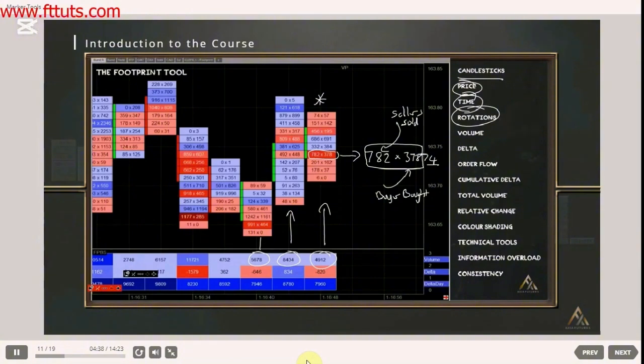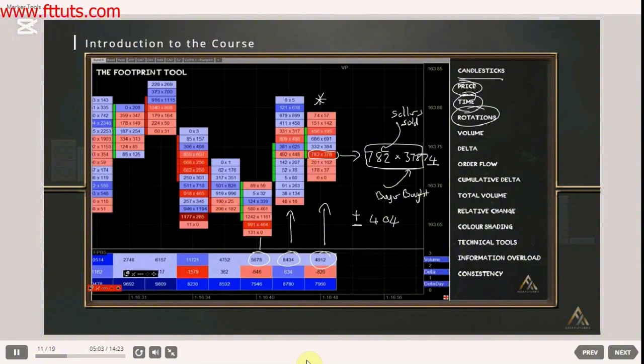Now, the net difference between the two, 404, is simply regarded as the delta. So it's the net difference between how much volume a seller has sold and how much volume a buyer has bought. Now, that net difference can be represented as a positive or a negative.